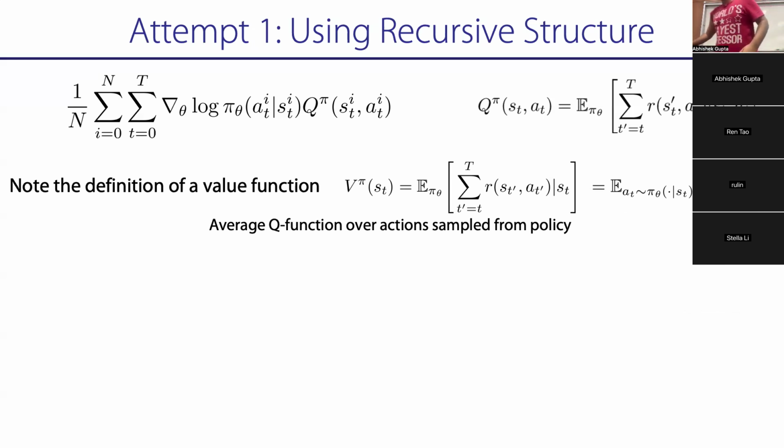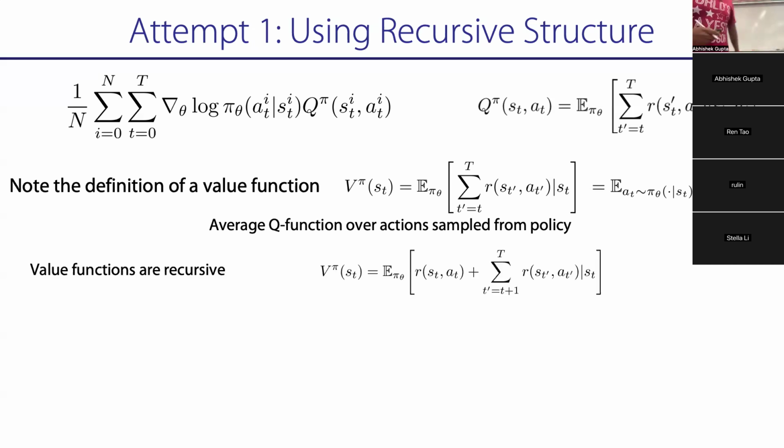Okay, so that's how we connect Q and V. But the reason I introduced the V is just because the V is a little easier to think about. The V is just saying, what is the expected sum of rewards under my current policy, starting from my state S_t. The nice thing about the V is that it has some nice recursive properties. A value function is your sum of rewards starting at S_t and A_t and then acting according to your policy in the future.